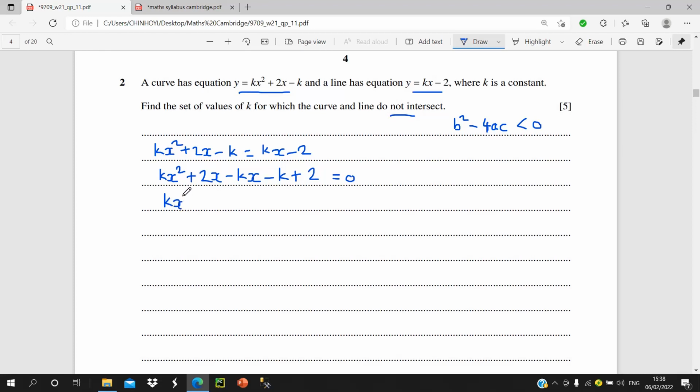Right, further simplifying, kx squared, let me simplify the coefficient of x. In this case, I can factor out x outside the bracket, then I'm going to remain with 2 minus k, then minus k plus 2 is equal to 0.